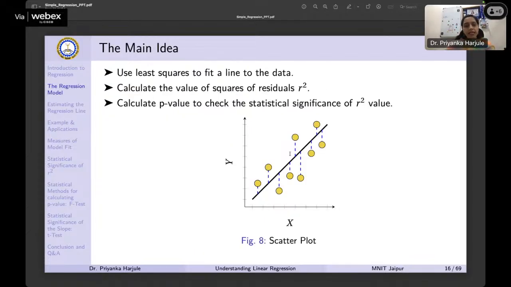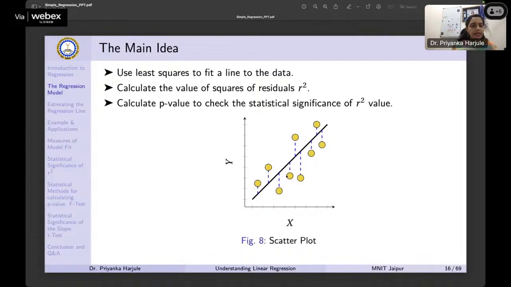The best fitting line is drawn through the scatter plot of the sample data, and this line is called the least squares regression line. How do we get this best fitting line? By minimizing the sum of squared errors, also called residuals, that is the vertical distance between the actual data points and the line.